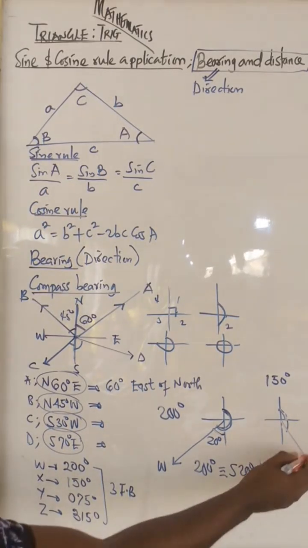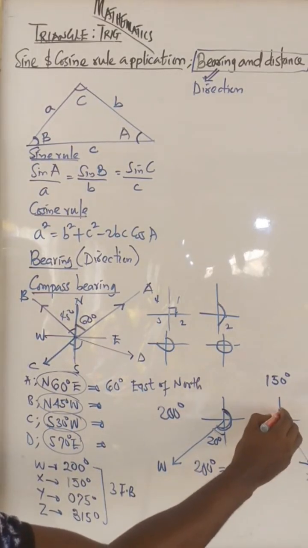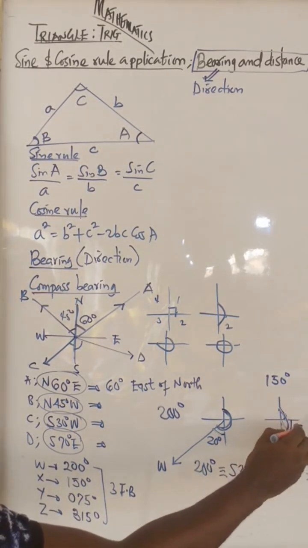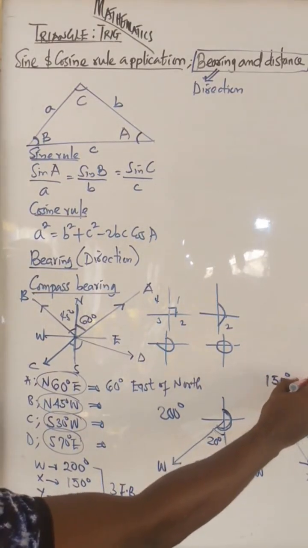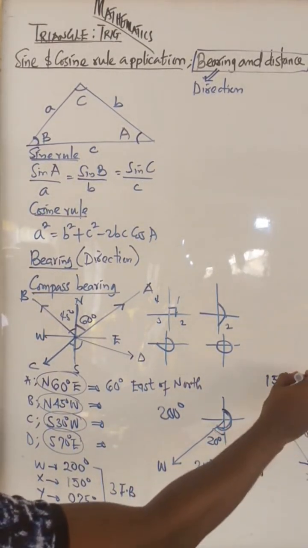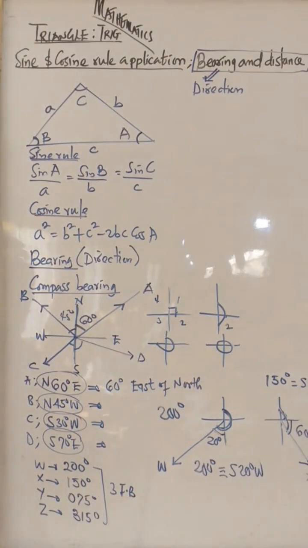So we can draw it this way. This is the bearing or direction of point X. The whole of this angle is 150. If it is 90, the remaining one is 60. So it means 150 is equivalent to south 60 degree east.